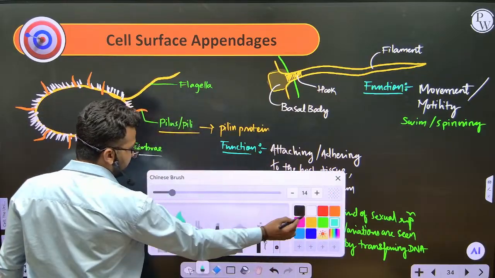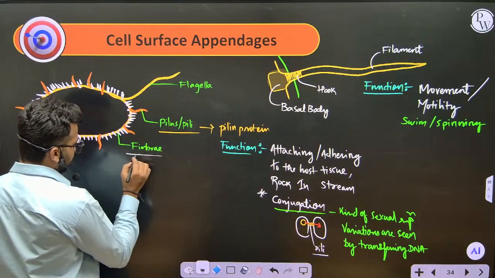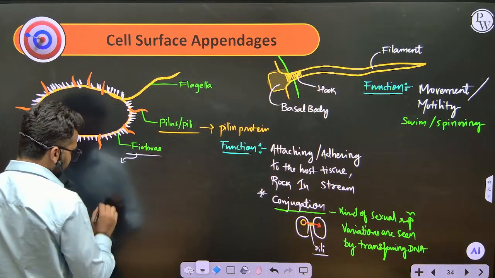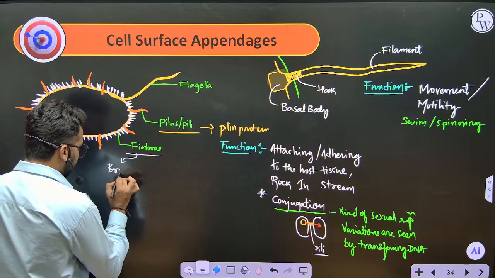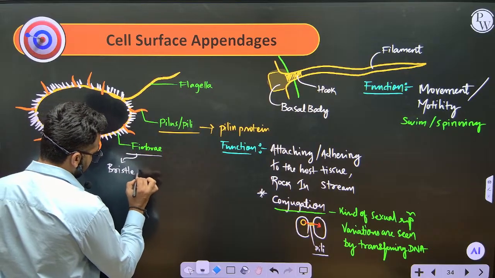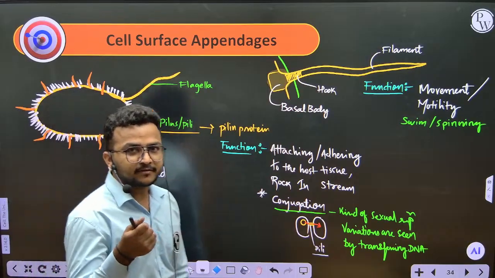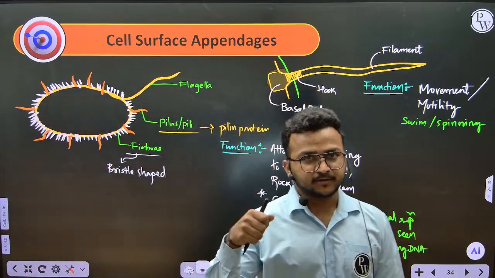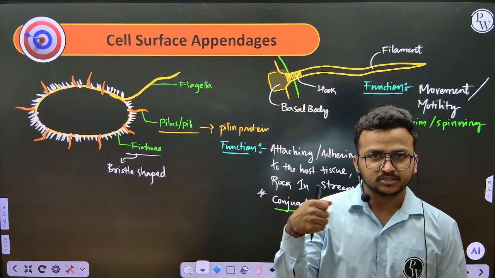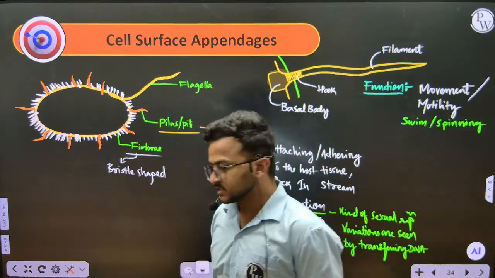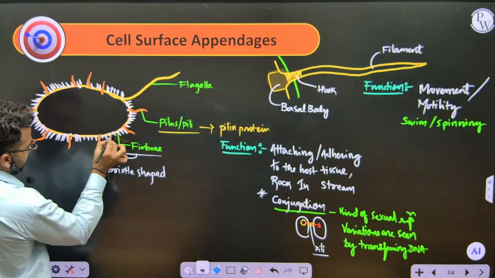If you see the fimbriae here, this structure is like a bristle-shaped structure. Bristle-shaped in the sense that, just like a toothbrush, it has bristles, no? Like that, many bristles will be there here.